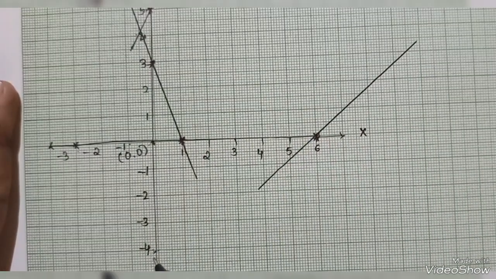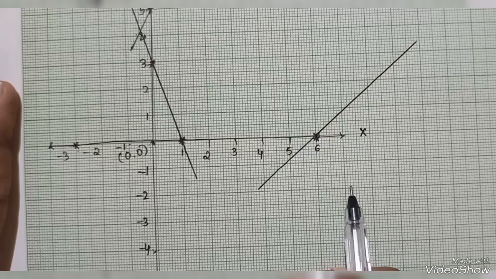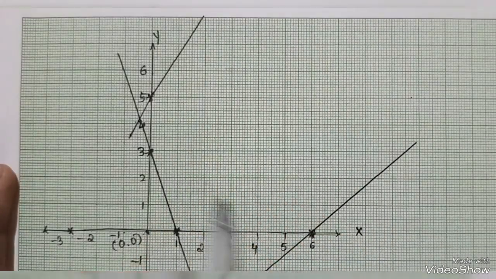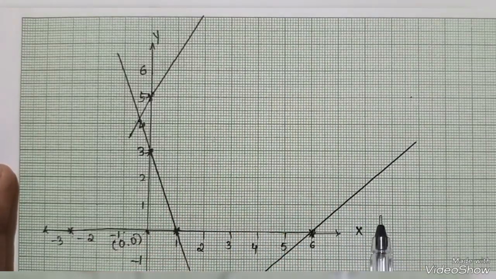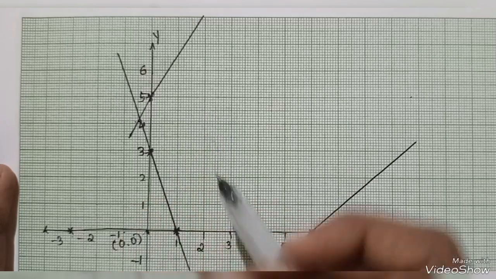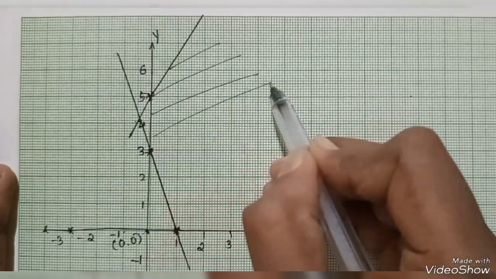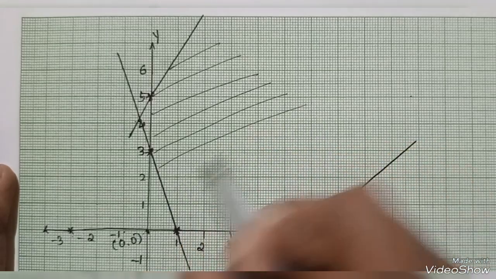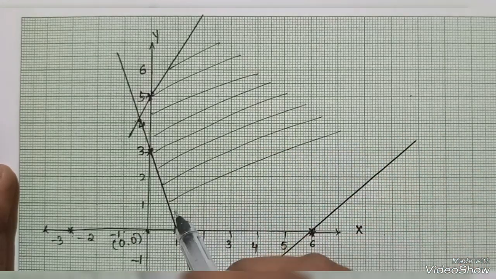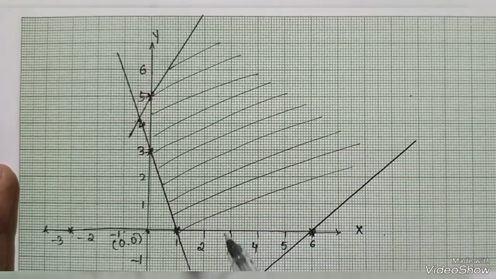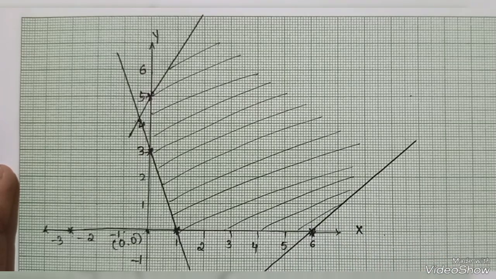So this point is also not considered, so the region is not bounded. Okay, this is the common region, but those points are not considered.